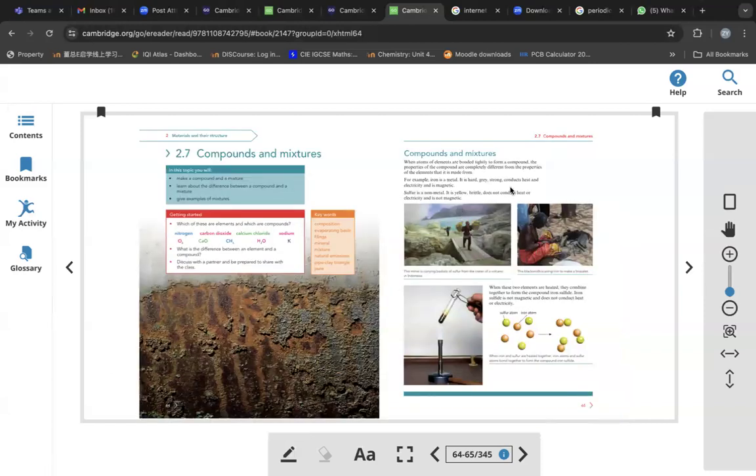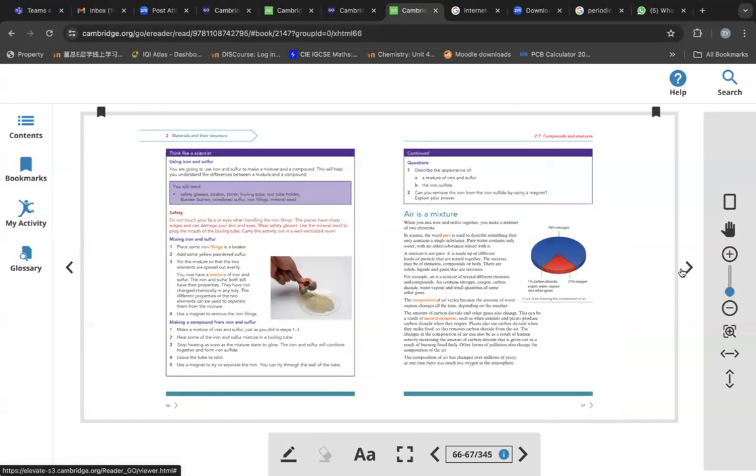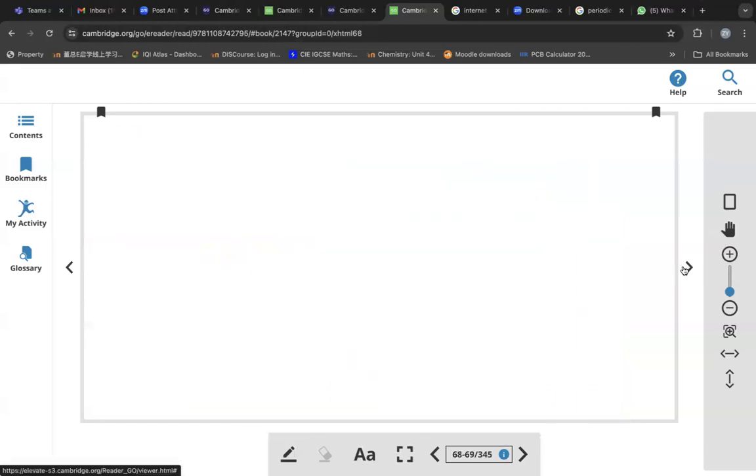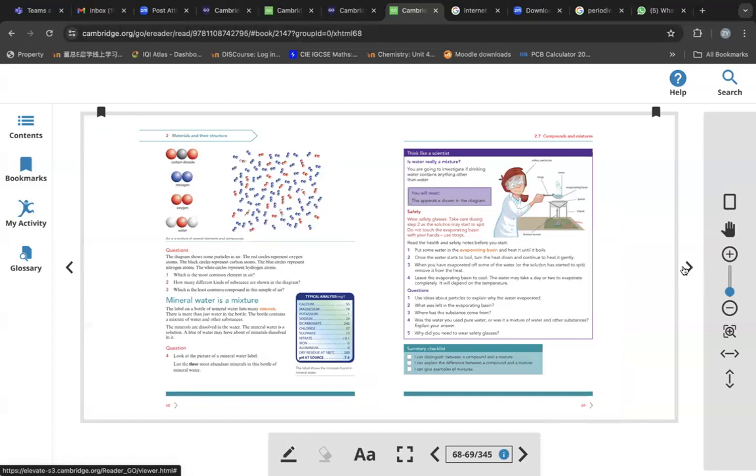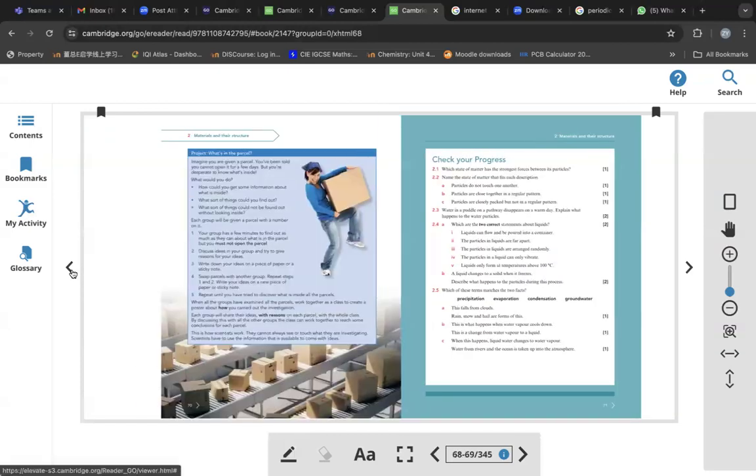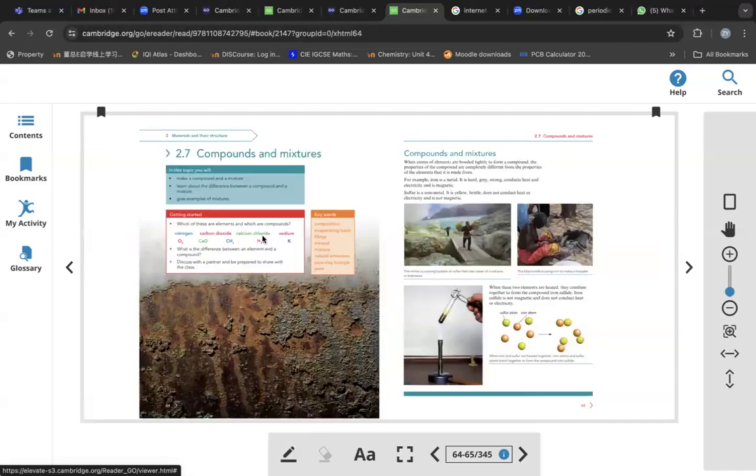Okay, so this one, you want me to go through it with you or no need? The compound and mixture thing. Okay, so we can go through this one. It's a recap. When you have atoms of more than one element and combine them together, they form a compound.